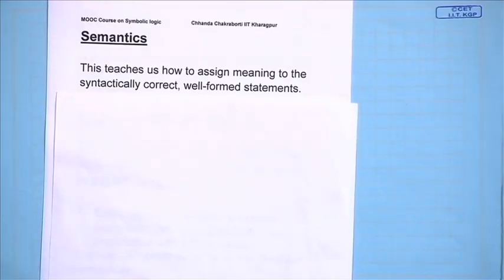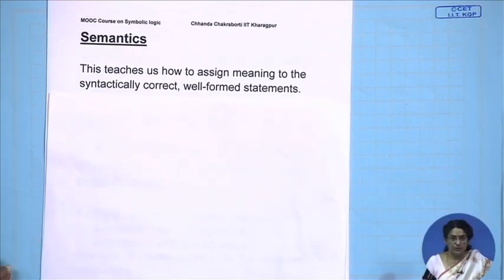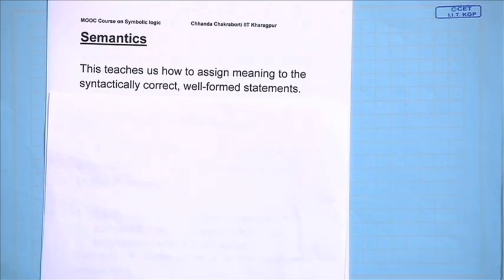So, first thing is, what is semantics and what do we mean by propositional logic semantics? See, syntax, as I told you, gives us rules to form well formed sentences in a given language. It is the grammatical rules that tell you how to generate well formed propositions in a given language. What is the job of semantics?